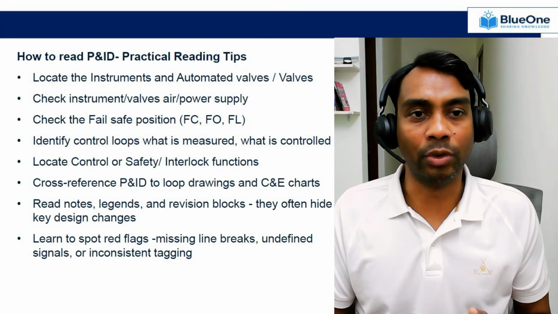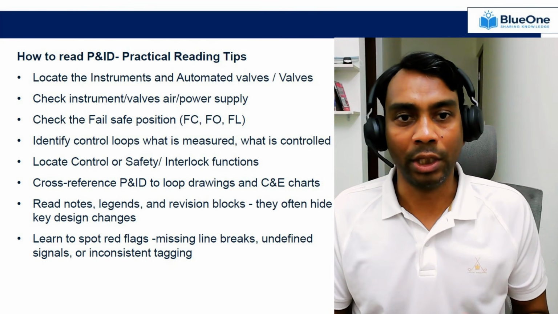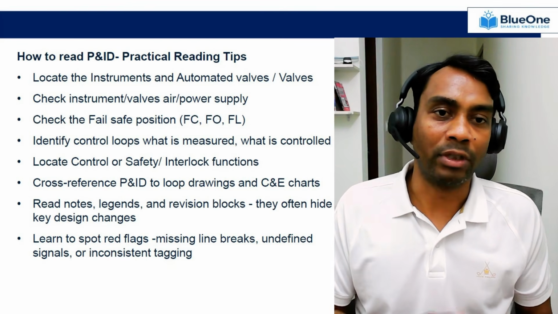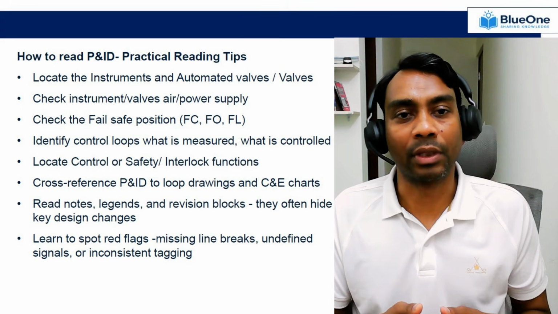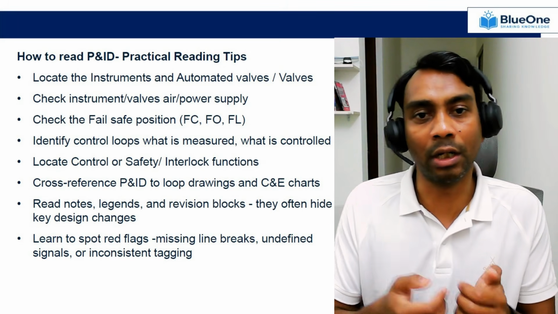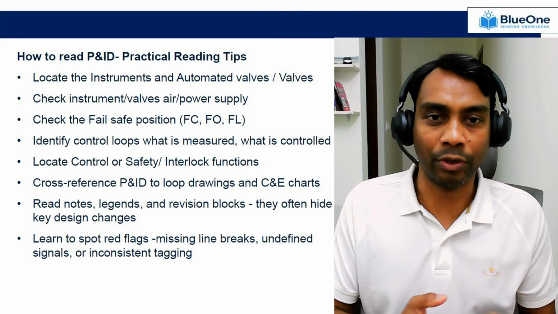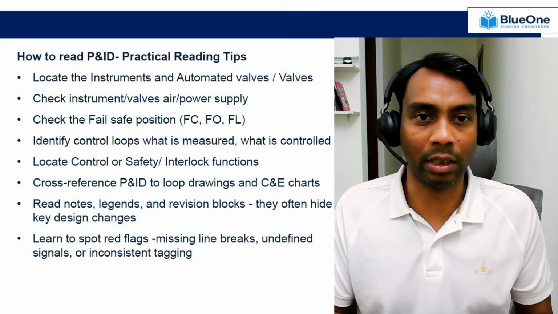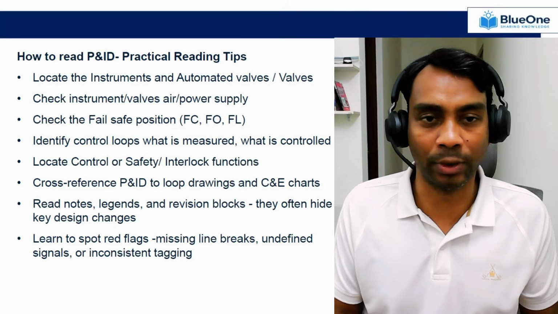Once you have located the instruments and valves, you can further check the type of valve and the utilities associated with it, like pneumatic or electrical, and then check the power supplies and air associated with that particular instrument or valve.